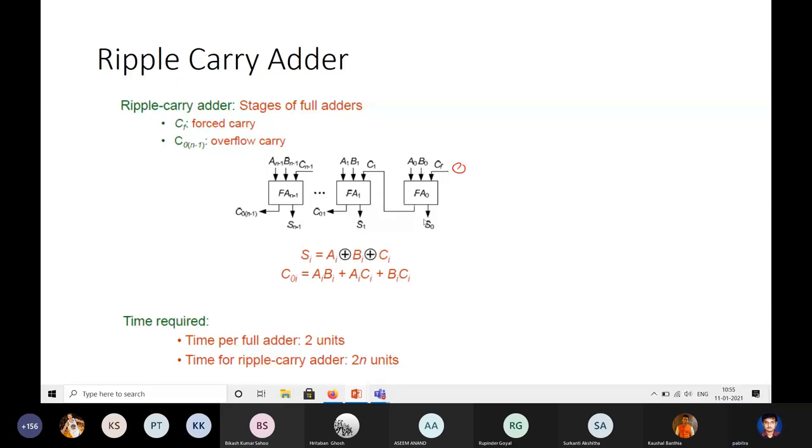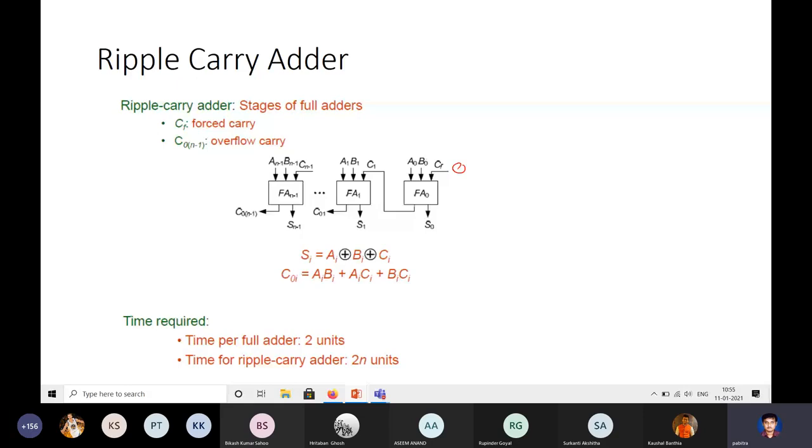You can easily verify the correctness of this: the final carry out gives the carry out. So this is a simple cascade of 1-bit full adders into an n-bit parallel adder.